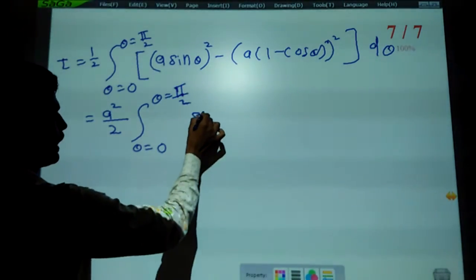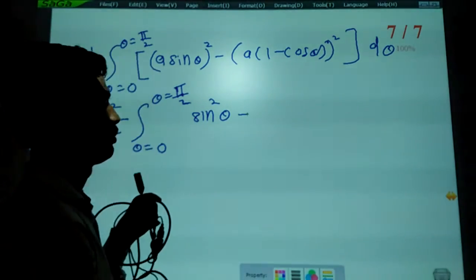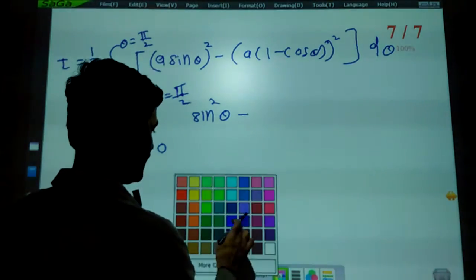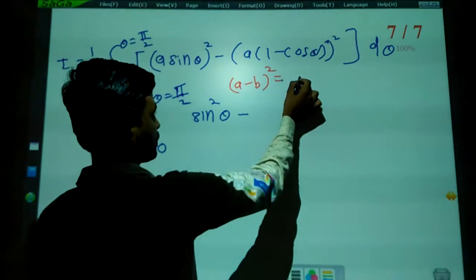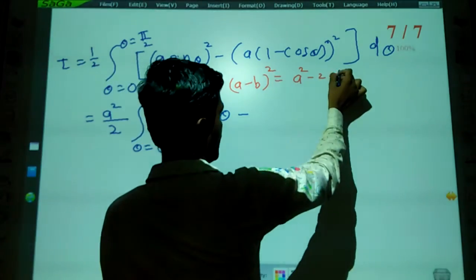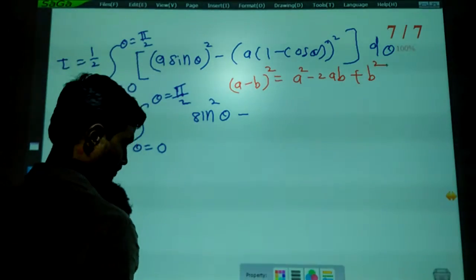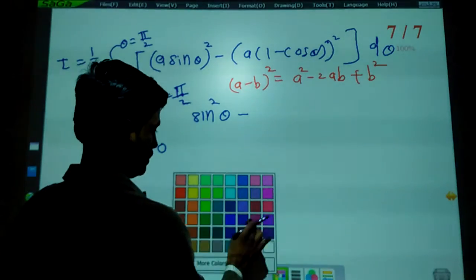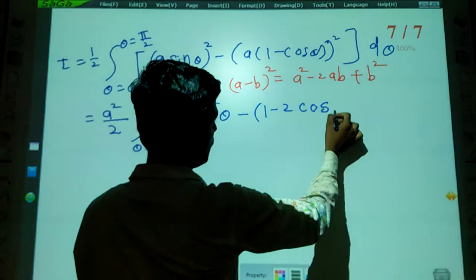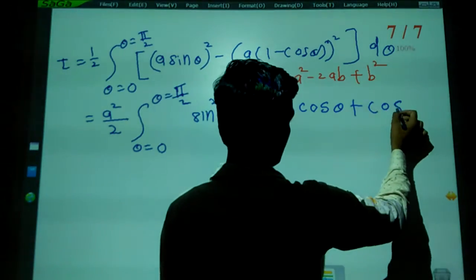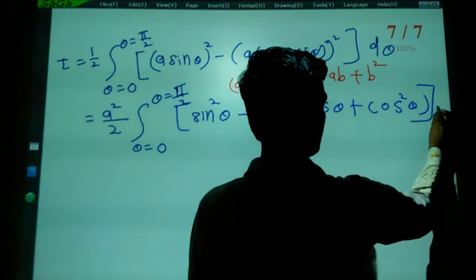What is the remaining part here? Sin square theta minus. Here use the formula a minus b bracket square, that is a square minus 2ab plus b square. Okay, so again we will simplify this bracket.